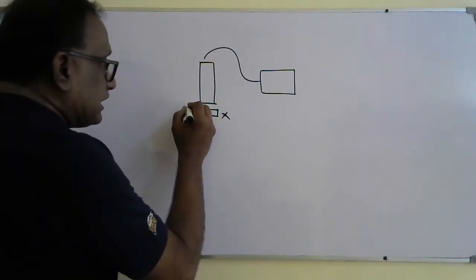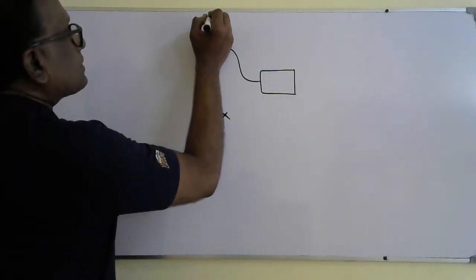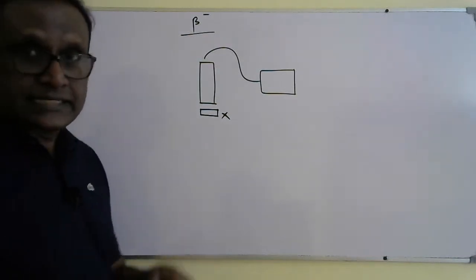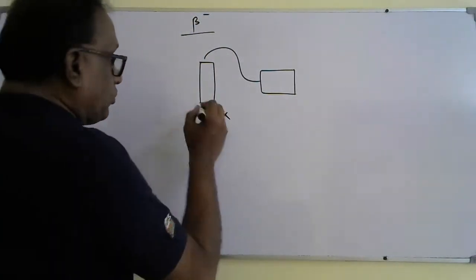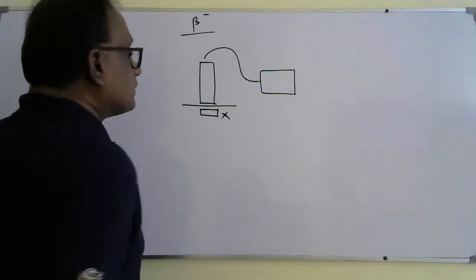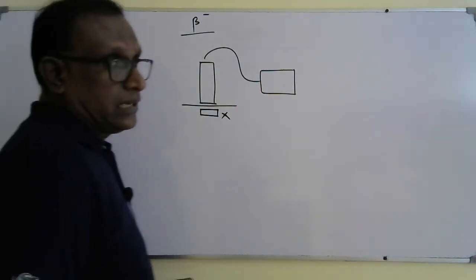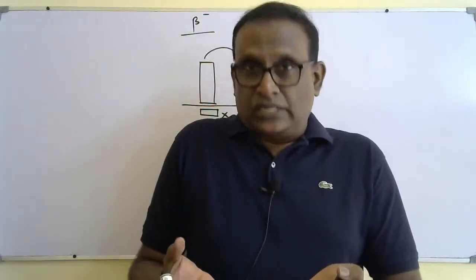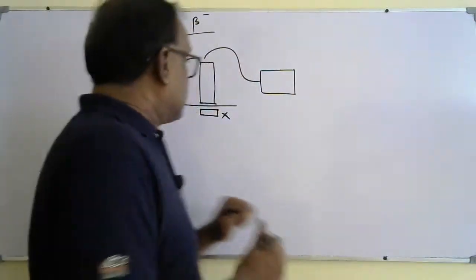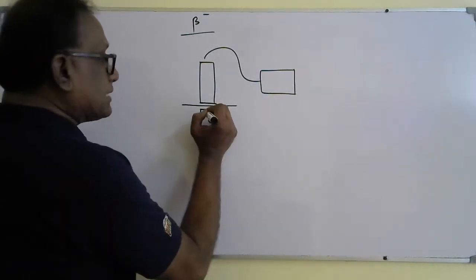Now keep a thin sheet of paper. I am checking whether the sample is emitting beta minus, that's my aim. So keep the source closer to the GM tube window and keep a thin sheet of paper, and now check the count rate. If the count rate is well above the background count rate, that means certain particles or radiation are passing through the paper.